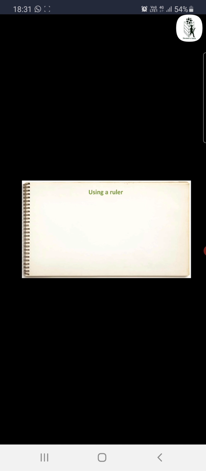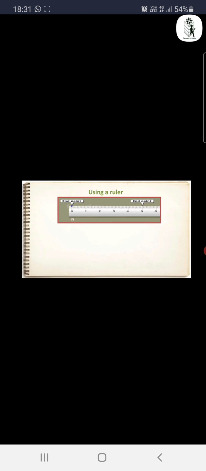We can use a ruler to measure the length of a line segment. Place the 0 mark against one end point, that is the starting point, and read the mark against the other end point. In the given figure, we can see the 0 mark is aligned at point A, and the other point, that is the end point, is at 5 centimeters.